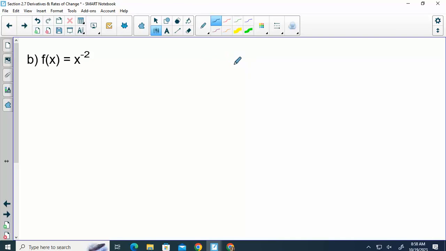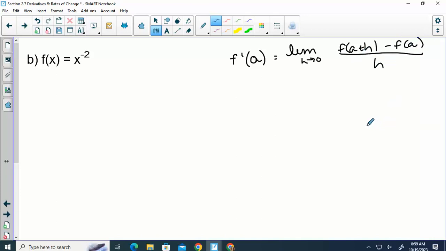So remember, f prime of a is the derivative. It's the limit as h approaches 0 of f of a plus h minus f of a, all over h, which is what the majority of your homework is having you do. Sometimes I might give you a number to plug in for a, but I did not on this one.